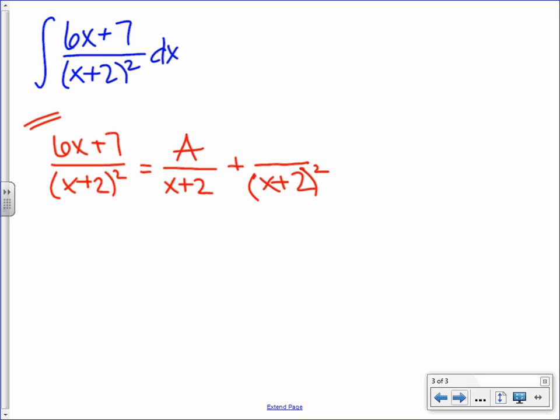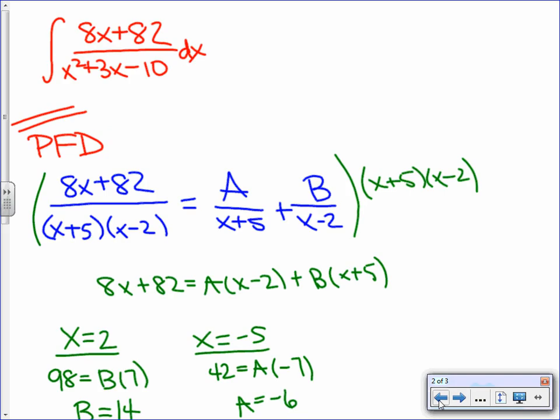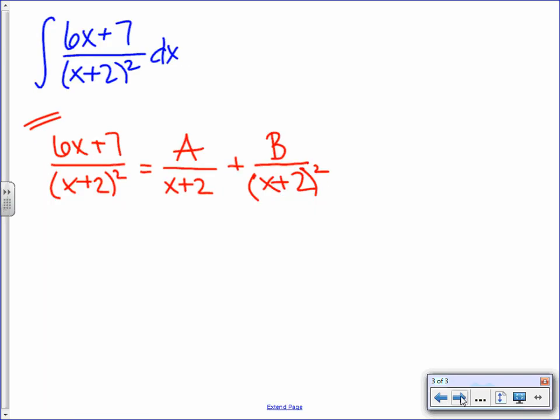Like Bx plus C if it were a true quadratic factor, but since it's a repeated linear factor, we still treat it as a linear. So you don't really have to remember the plus C.